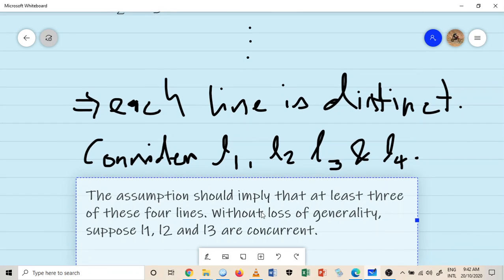So we can say that L1, L2, and L3 have a common point. They intersect at a point. Let's call it P.